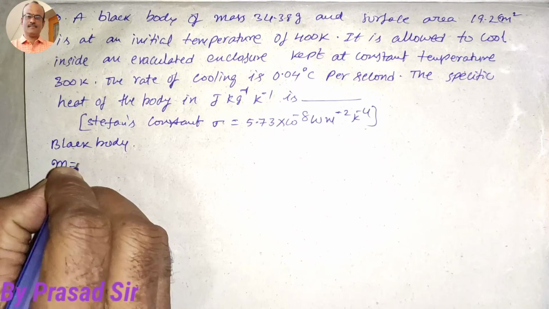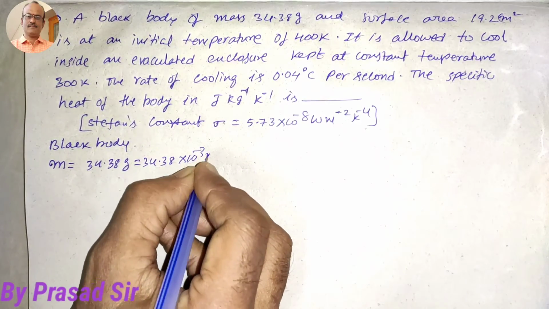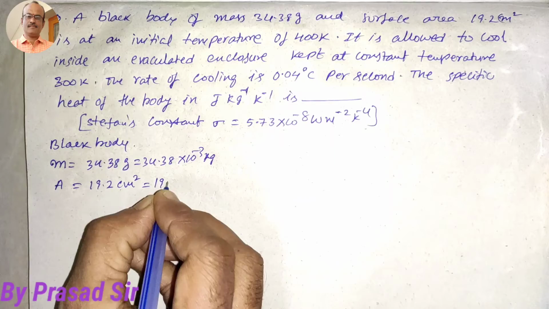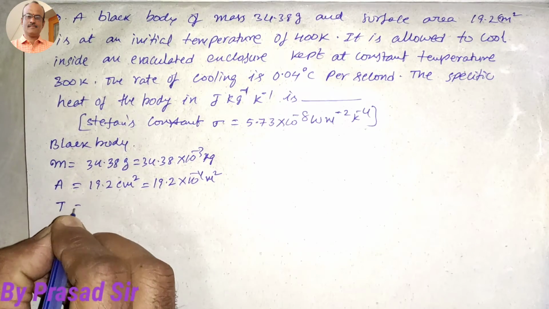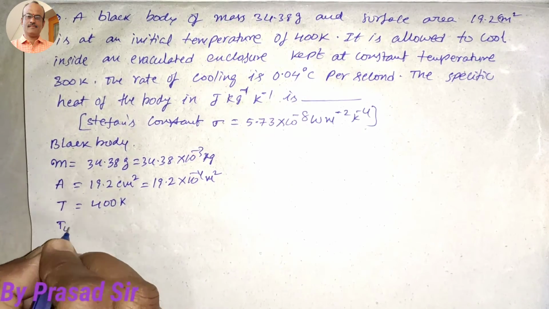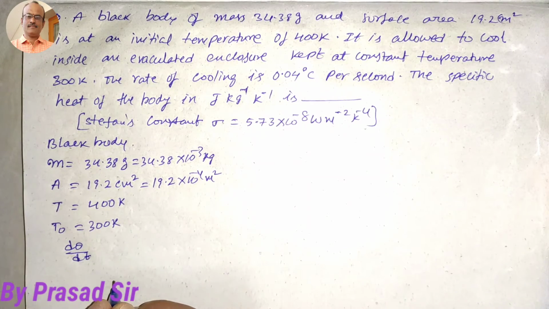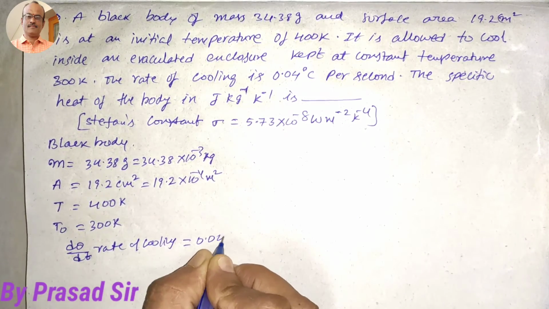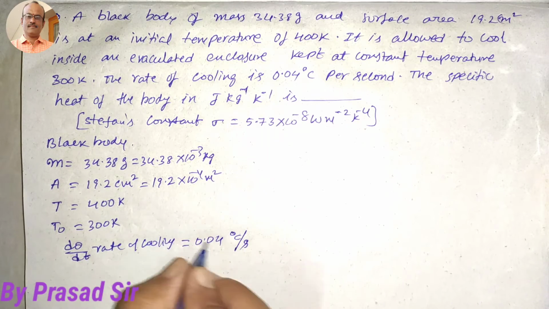So in this black body the mass is given, 34.38 grams, here 34.38 into 10 to the power of -3 kilograms, and surface area A is equal to 19.2 centimeter square, 19.2 into 10 to the power of -4 meter square, and the initial temperature we will take T is equal to 400 Kelvin, and the enclosure is kept at constant temperature, so T naught is equal to 300 Kelvin, and here given d theta by dt, the rate of cooling, is equal to 0.04 degrees per second. This one we have to remember very carefully now.